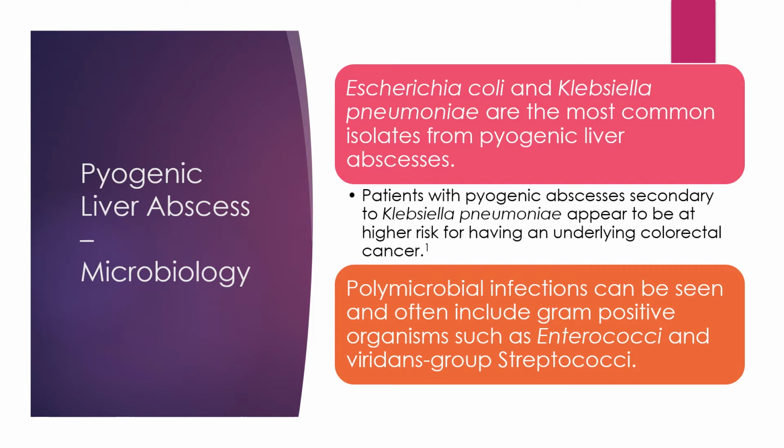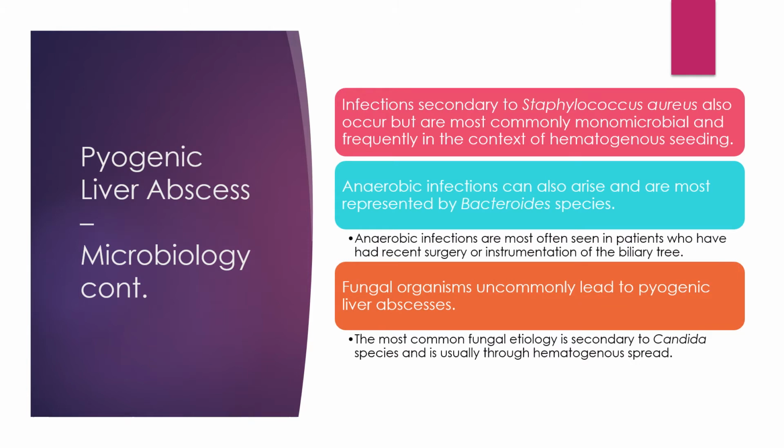Polymicrobial abscesses can be seen, and those can often involve Enterococcus subspecies or viridans group strep. You can also see Staph aureus as a cause of liver abscess, and that often occurs after bacteremia and from hematogenous seeding.